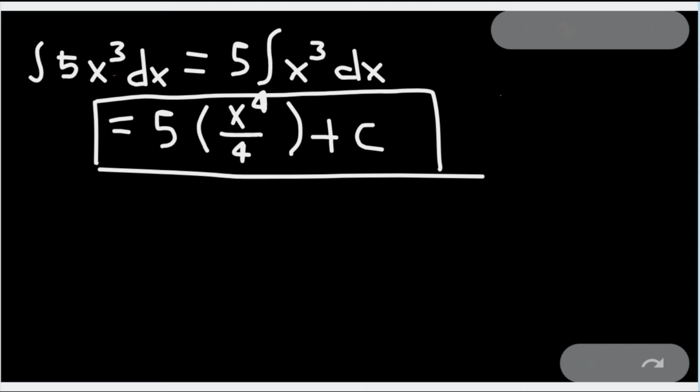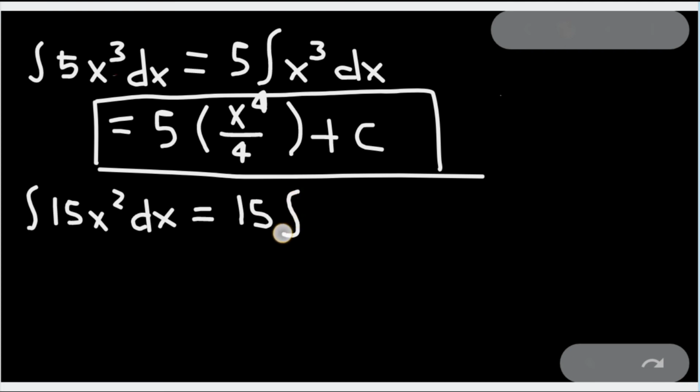Let's try another example. Let's say we have 15x squared dx. What we need to do is to put the constant on the left side. So 15 times the integral of x squared dx. Our n here is 2.